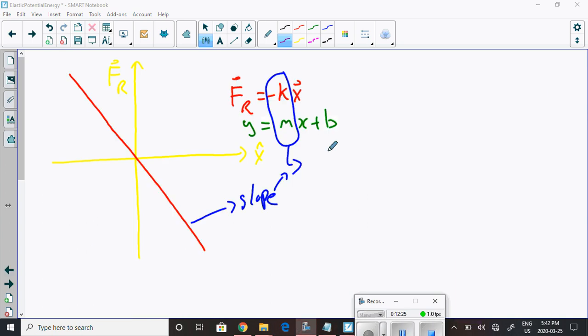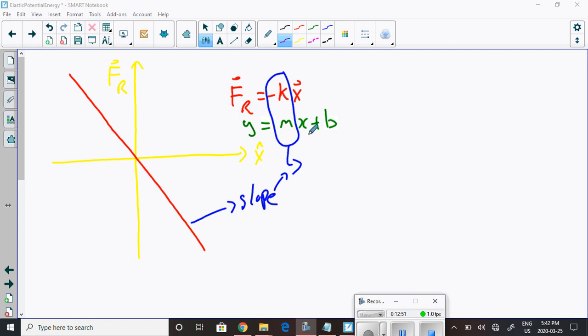So this next part of the note here is I've actually graphed in red here restoring force versus x position. And restoring force is equal to negative kx, which we can realize if we rewrite this equation as y equals mx plus b, because the y-axis is now restoring force.